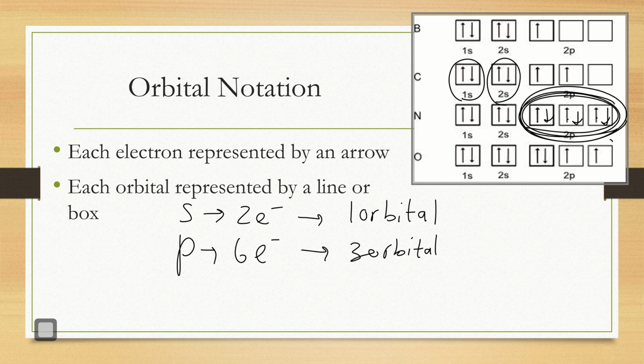That goes with the idea that electrons are negative. They don't want to be close together unless they have to be, and it helps with the energy. Since they're all at the same energy, we spread them out until we have to pair them up. When we get to D, D has 10 electrons, which means there are 5 orbitals. We basically just divide the maximum number of electrons by 2, and that's how many boxes we have.